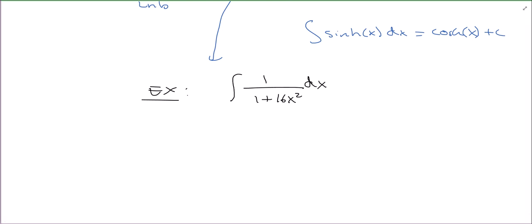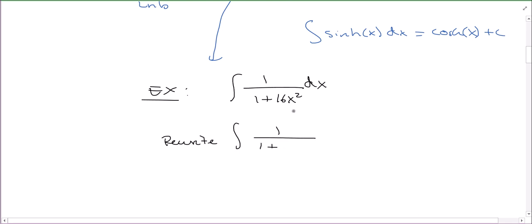And this is where you could use a little bit of U-substitution. We can rewrite this as 1 over 1 plus, what do you square to get 16x squared? 4x, quantity squared, dx. And now we can apply a slight U-substitution. Let u equal 4x, and then du is just 4 dx. One way you can think of it is, well, I don't have a 4 in here, so you can put it there.